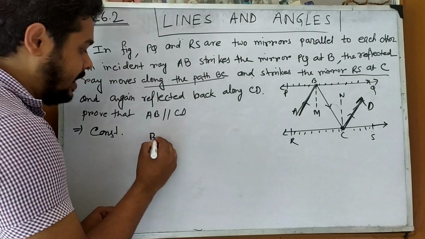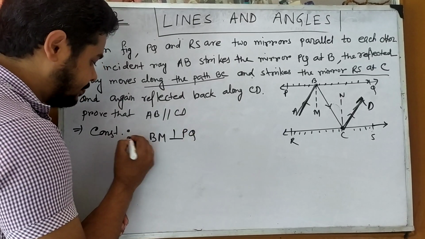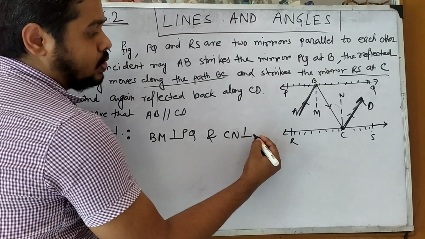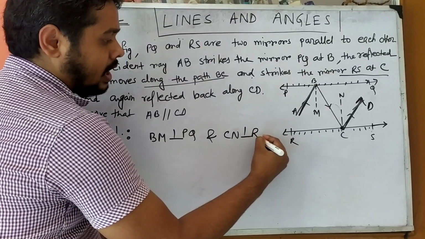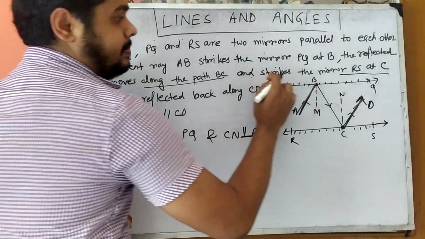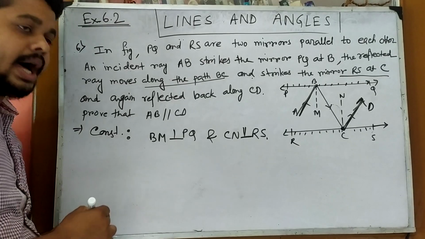Then by construction, BM is perpendicular to PQ and CN is perpendicular to RS. Clear? BM is perpendicular to PQ and CN is perpendicular to RS.